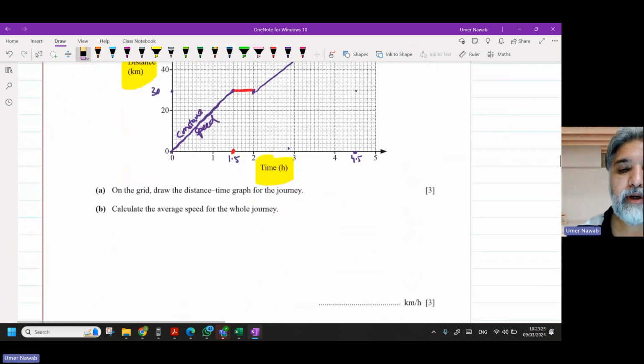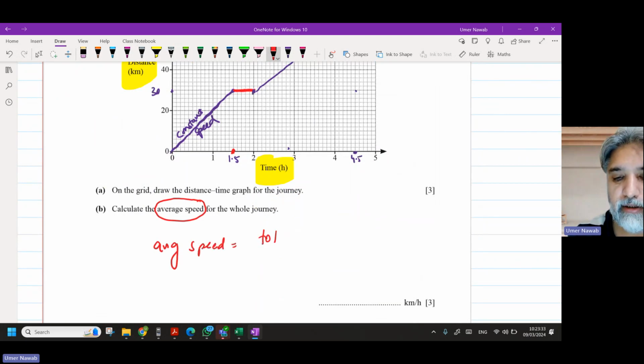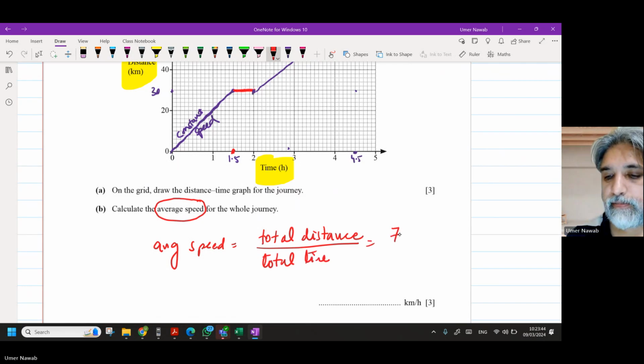Now, the examiner is also asking you, what is the average speed? The formula for average speed is total distance divided by total time. Now, the total distance from one town to another is 70 kilometers.